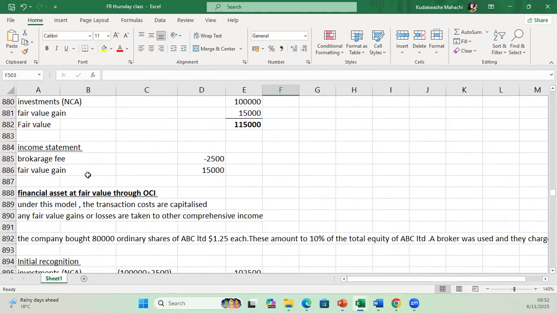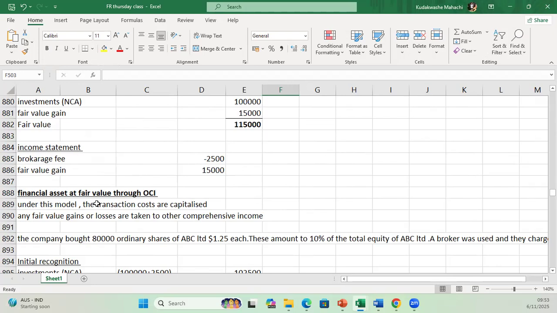So can I read financial asset through other comprehensive income? This one is where we intend to hold to maturity, or to keep these shares for a long time. So let's go back to the question.